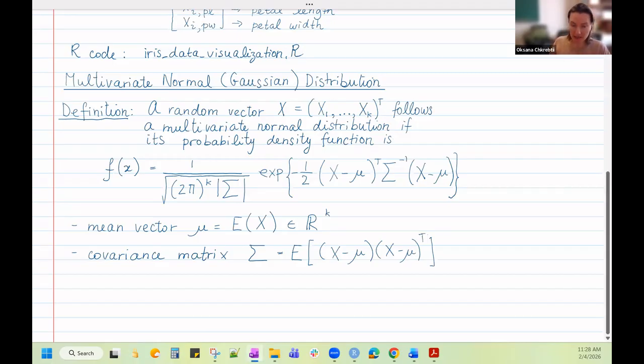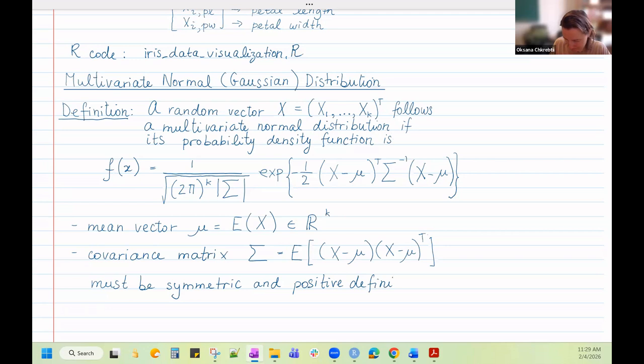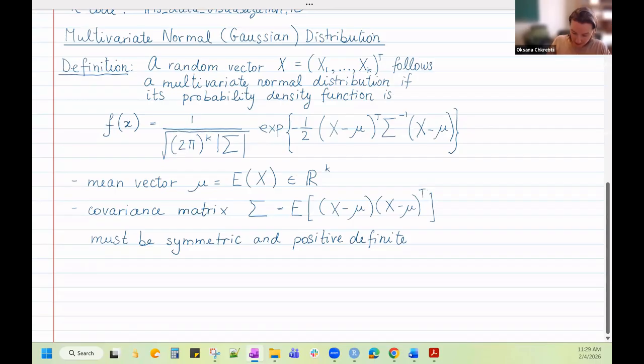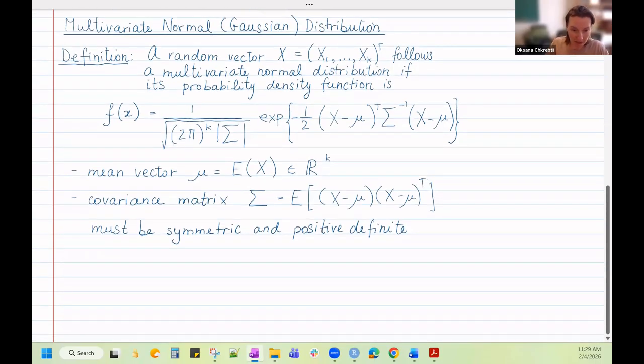And the covariance must be symmetric and positive definite. We will see later also we will look at some additional interpretations of this covariance matrix.